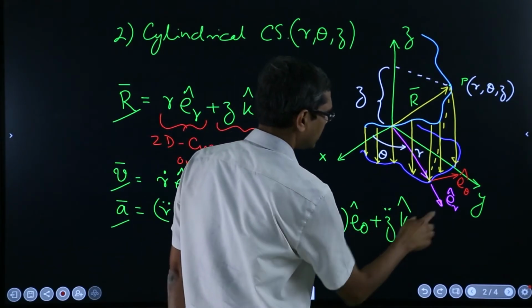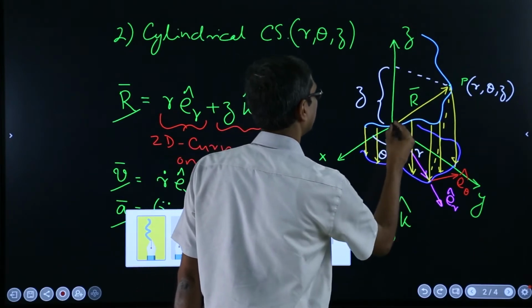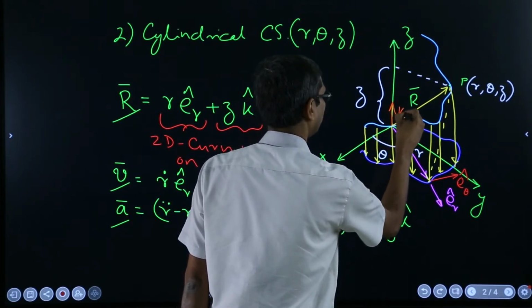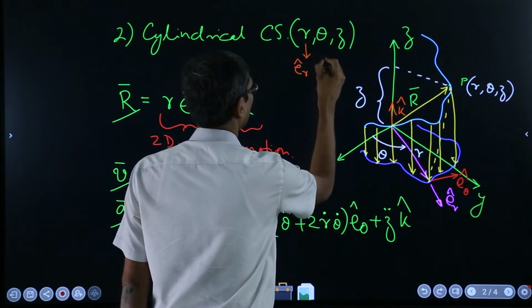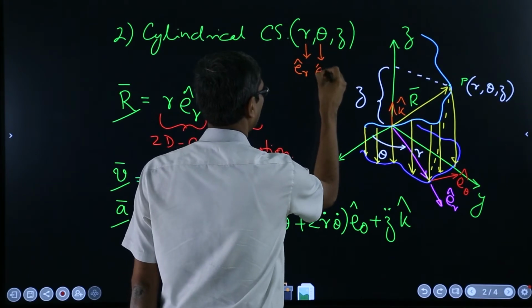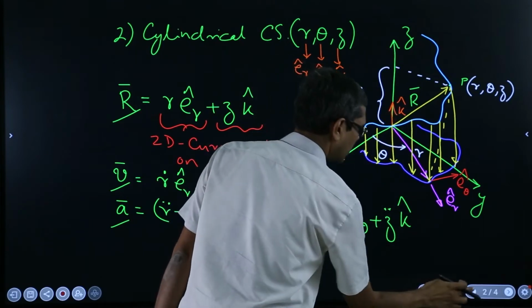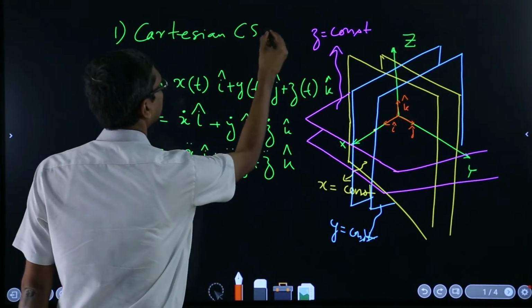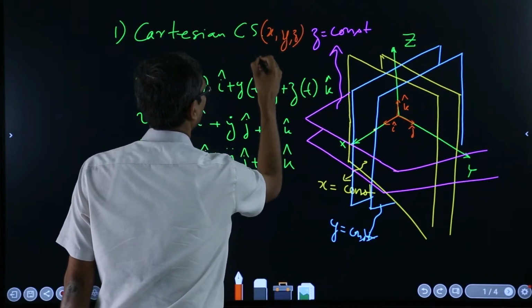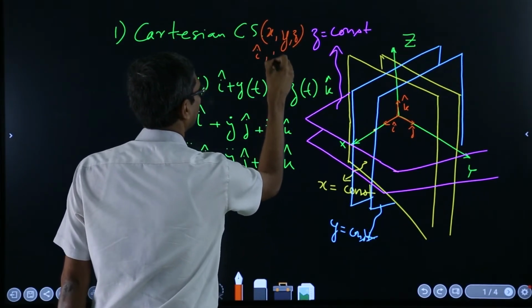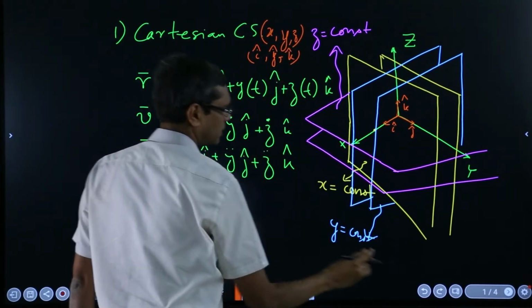So let me see: e_r, e_theta, and this is say k. These are our unit vectors. Similarly for x, y, z, I should write this is x, y and z, so i, j and k are the unit vectors.